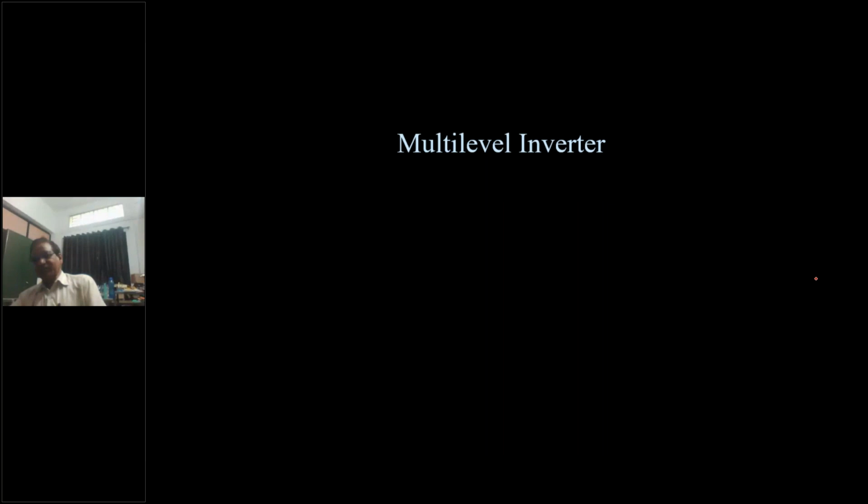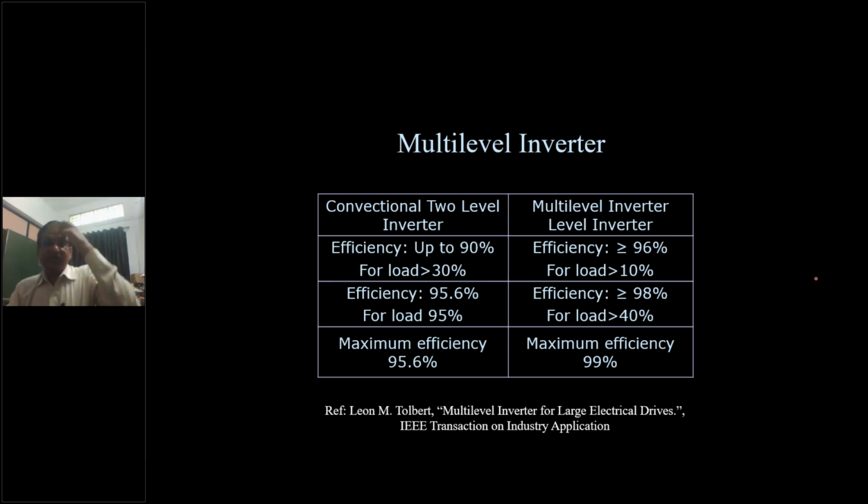What is this multi-level inverter? So, a comparison of a multi-level inverter and a conventional inverter. The conventional inverter gives 90% efficiency, whereas the multi-level gives 96%. For 90% efficiency, load should be 30%. Even at 10%, it will be 90%.